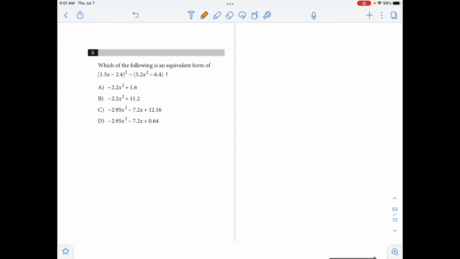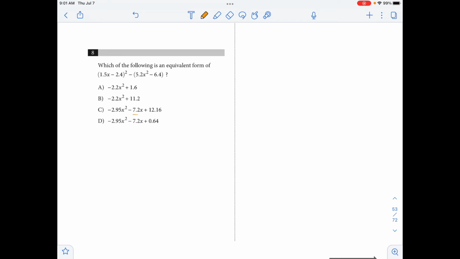Number 8 says, which of the following is an equivalent form of 1.5x minus 2.4 all squared minus 5.2x squared minus 6.4? For this one, yes, you can combine them all, but you can narrow it down, I think, to C and D because they have an x term.